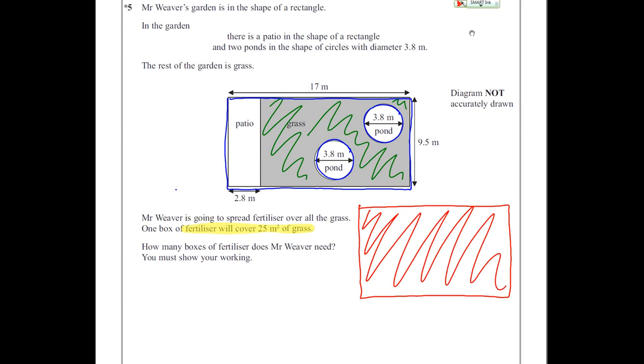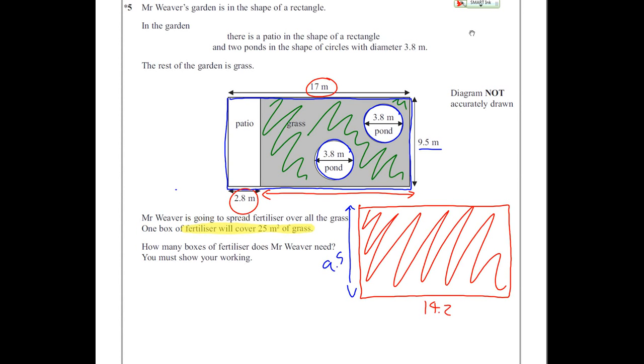So to get the area of a rectangle, we need the height, which you can see from here is 9.5 meters, and you need the width, which you're going to have to get from here. So on your calculator, you can do 17 take away 2.8, which gives you 14.2.